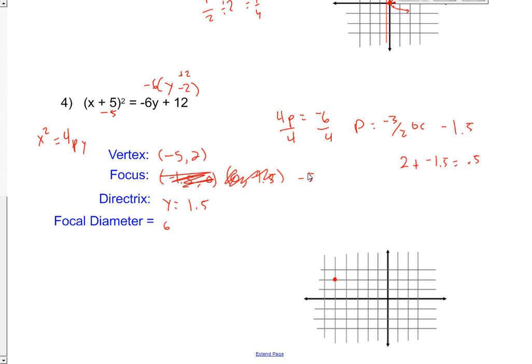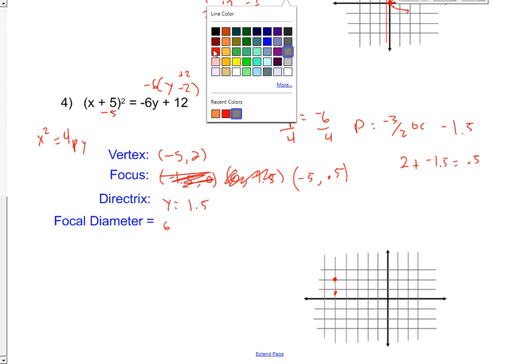And so really, this is now negative 5, 0.5. But knowing where my vertex is, I'm going to count down 1.5 units, which gets me to that 0.5 right there. Okay, and my directrix here is going to be up 1.5 units.